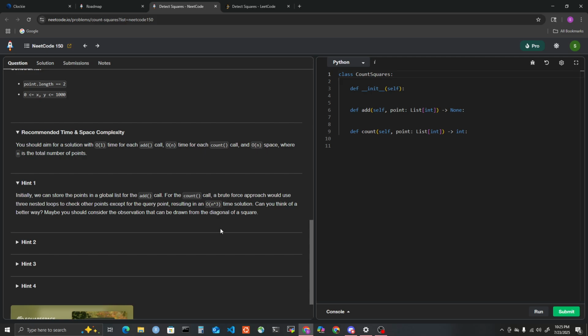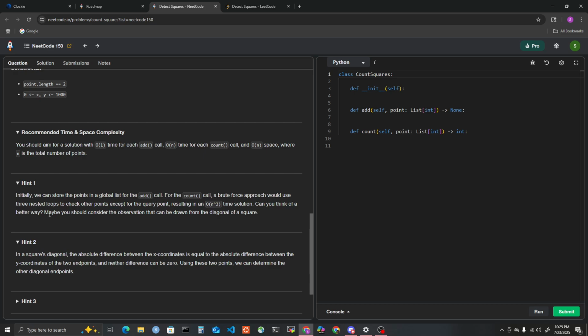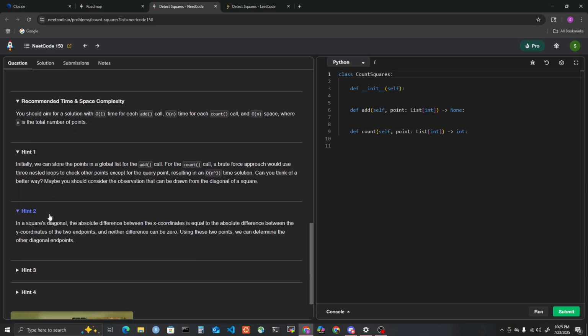The observation that we drawn from the diagonal of a square. So you're saying doing O of 1 insert and then just saying, hey, this is a diagonal.